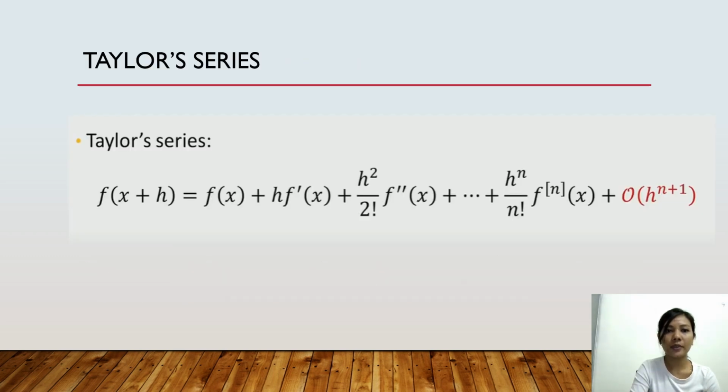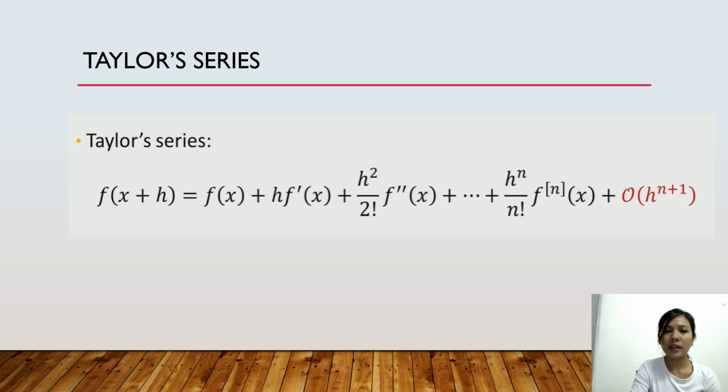This is the expression for the Taylor series: f of x plus h is equal to f of x plus h f dash x plus h square by 2 factorial f double dash x and so on, with the order of error h to the power n plus 1.